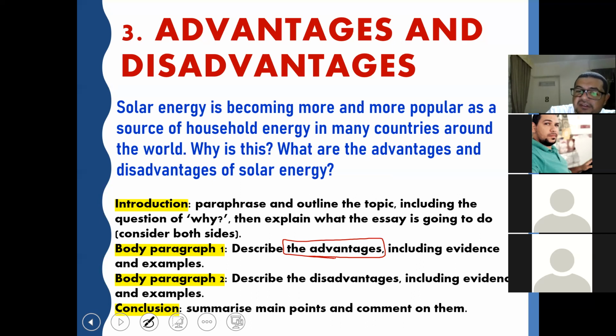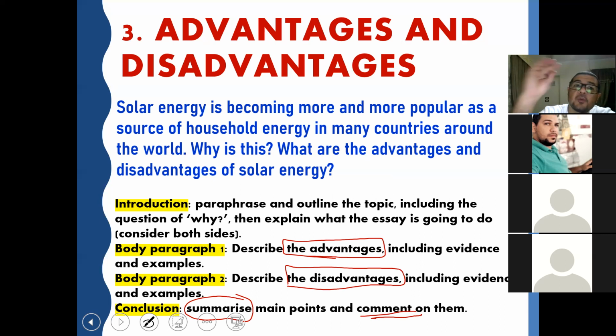Then the second body paragraph, huh? Disadvantages. And in the conclusion, I'm going to summarize the main points. And maybe this is optional, I can give a comment or an opinion if I'd like to, but it's not a must. But when you have an advantages and disadvantages essay, it's very easy to outline, very easy to organize.